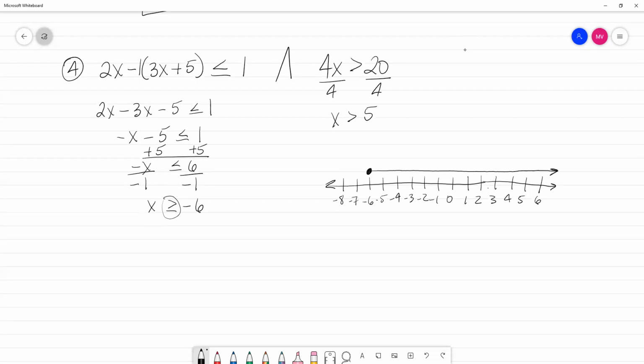Okay, and then x is greater than 5. Right, so open circle. And it goes which way? Yes. So when we graph it, what does our graph look like on the number line? It's only what's included. Where are both of these graphs the same?